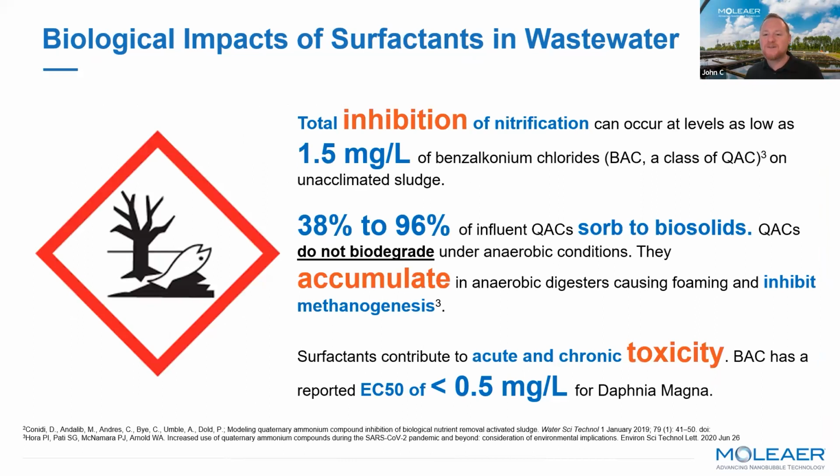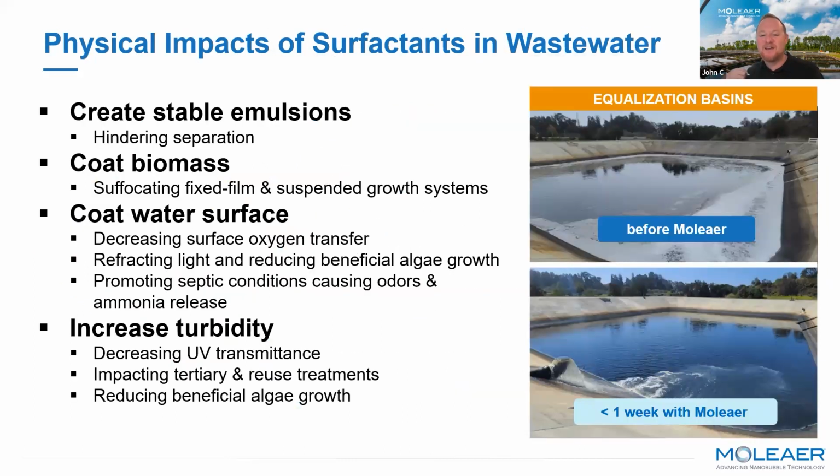So to throw back to a previous slide, we could see the difference between an impacted equalization basin covered with a stable foam and a film of surfactants, fats, oils, and grease over the top. And at the bottom, when we remove these chemicals from the wastewater, you can see a much healthier basin that's capable of transferring oxygen through the surface, but also this basin is free of odors and sepsicity.